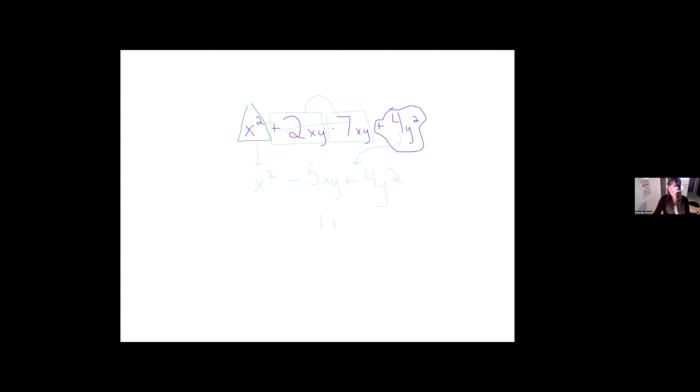Nicely done. You got this. Okay, let's take a look at our next problem here. 7p plus 3 minus 3p minus 2p plus 8. Now we are experts. What is our first step? We're going to combine like terms. All right, so we have 7p.